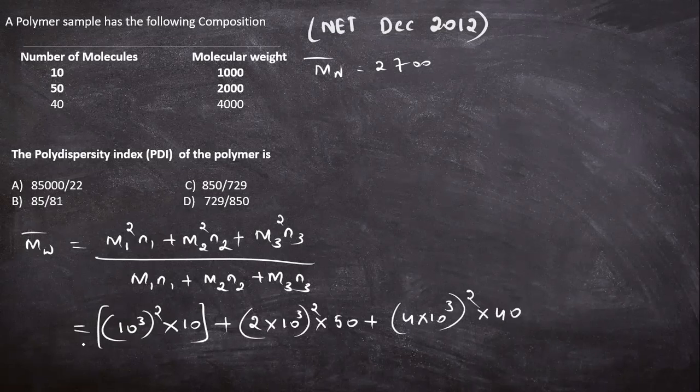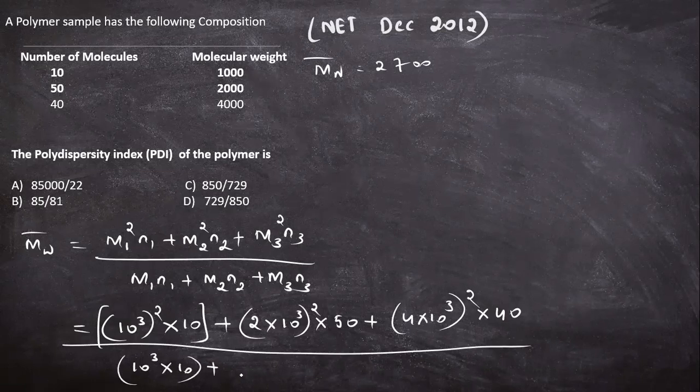Divided by M1N1, which is 10 raised to 3 into 10, plus 2 into 10 raised to 3 into 50, plus 4 into 10 raised to 3 into 40.